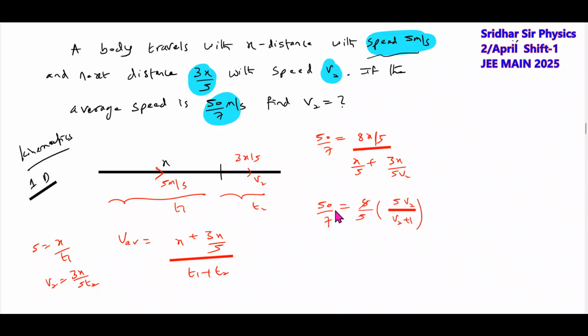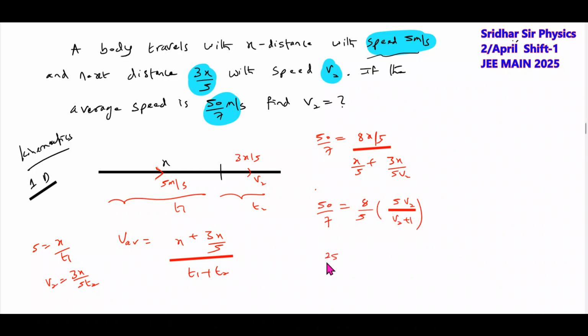The 5s get cancelled here. 50, this will be 4.